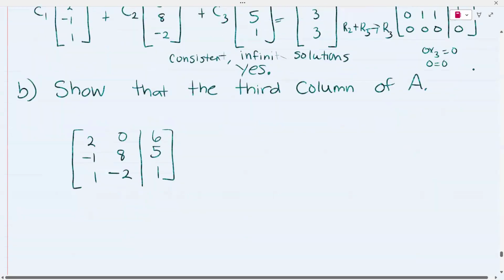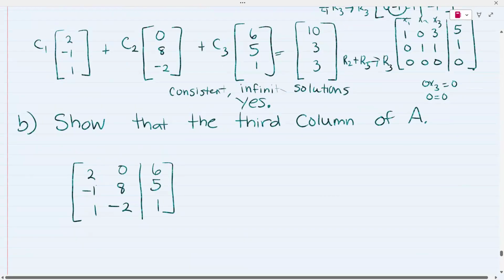What I would do is make this -1 into a 0. That -1 is technically in row 2. So to make that into a 0, you're going to do row 1 plus 2 times row 2.